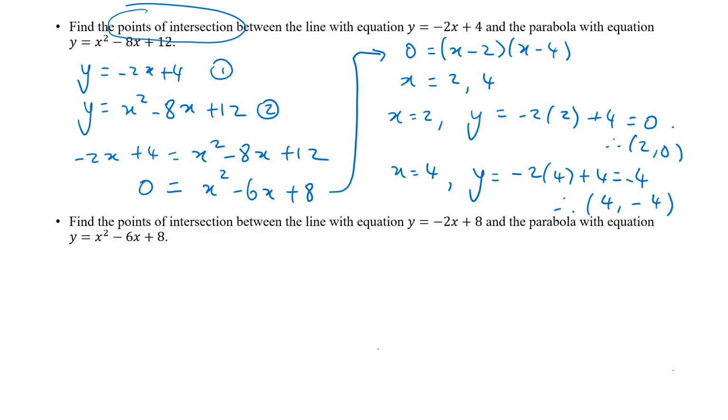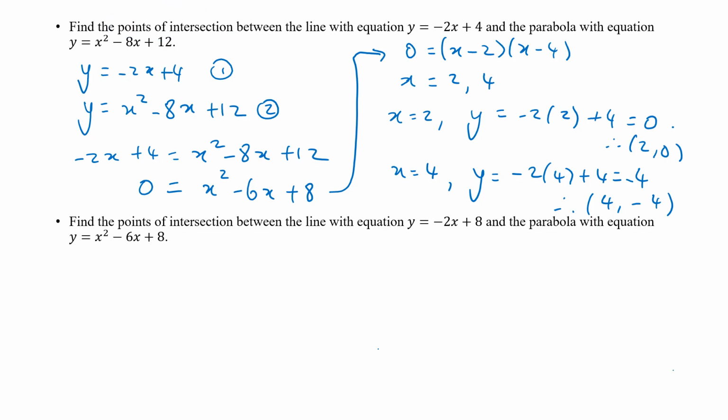That's acceptable. You should try and write it as 2, 0, like I have here. But if you just write the values of, say, x equals to 4, y equals to 0, for example, where it's not in the correct order, it will not be accepted. Make sure you write them as pairs of values because it says points of intersection.